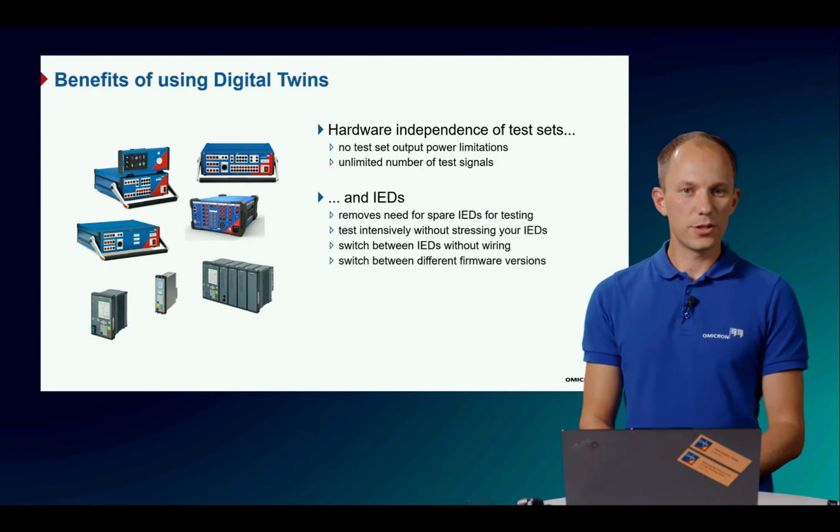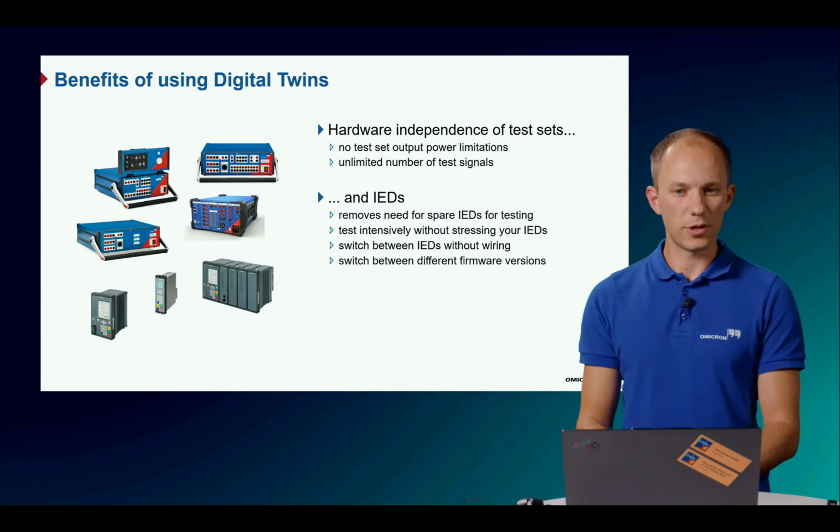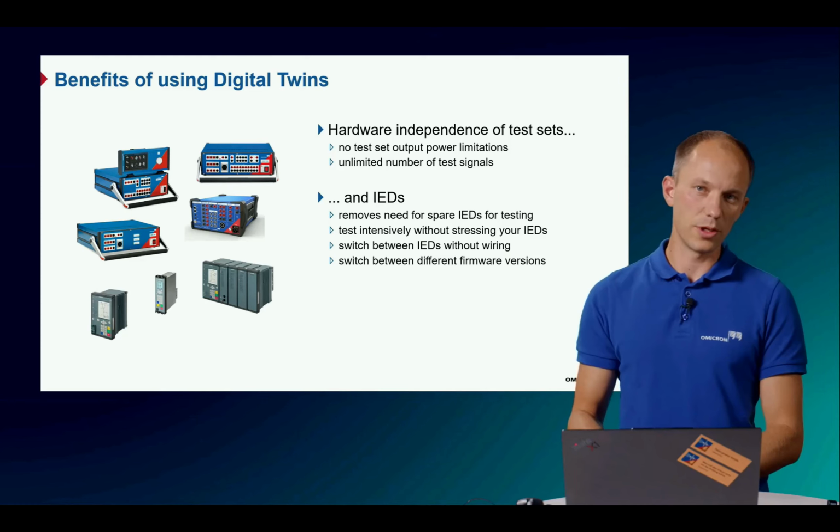You can test intensively, so with thousands of test shots, without stressing your IED. You can switch between different IEDs without wiring or rewiring. So you can test within minutes and switch between a distance protection or a differential protection device, for example. And you can switch between the different firmware versions. So you don't need to do a firmware downgrade or upgrade.